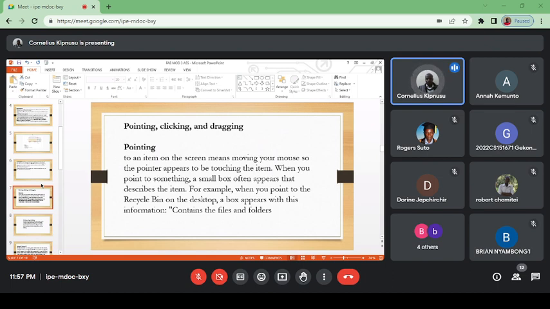For clicking, we have the left clicking and the right clicking, and for dragging we mean the wheel. The wheel is the one used for scrolling. So class, in our next lesson I wish to continue from there and see further techniques that are employed when using a mouse.